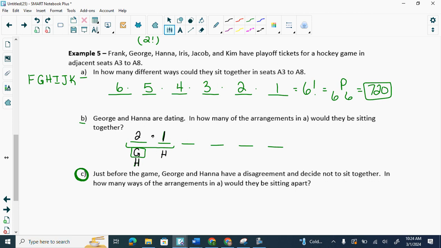How many people have I used up? 2. How many do I have left? 4, 3, 2, 1. Now, do they have to be together on the left? Does it say that? So what do I still have to do? Times by how many? 5. Always 1 more than this number. You'll get 240.